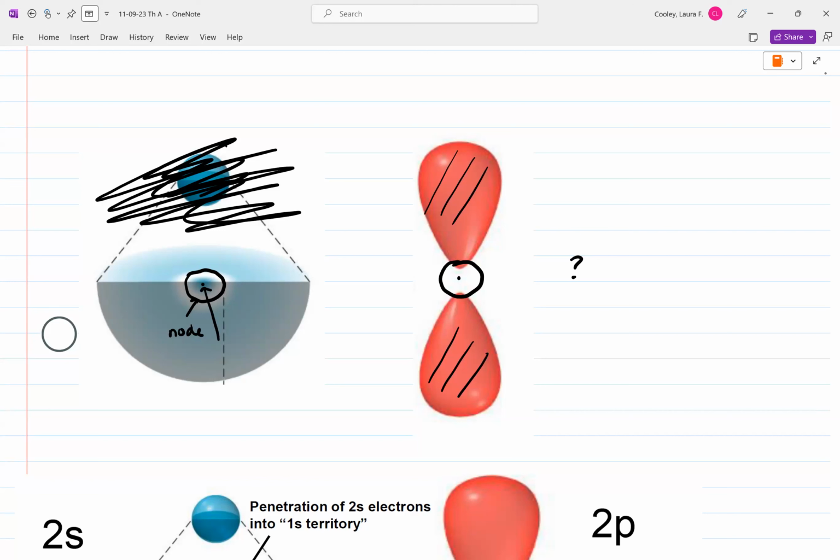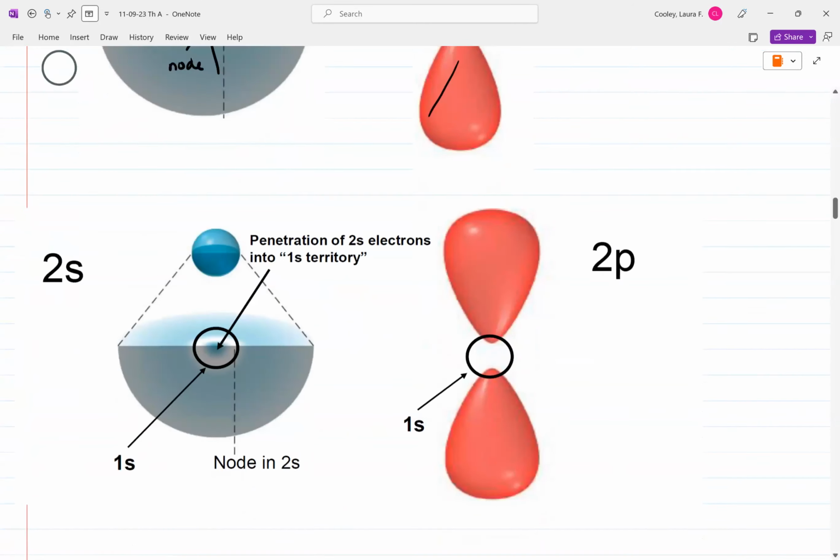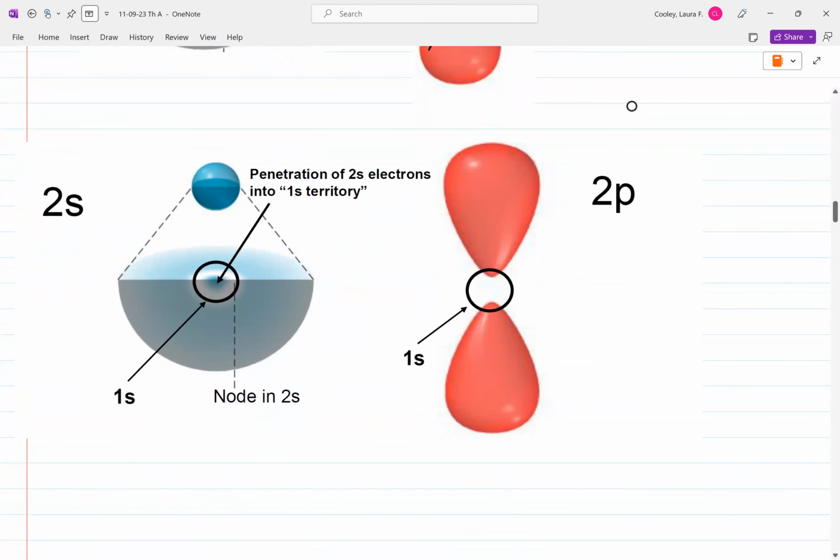On this one, you see that the 1s is almost always in between where the electrons are in the 2p mostly and the nucleus. So the 1s does a better screening job on the 2p orbital than on the 2s orbital. Here I show the picture with the 1s superimposed.